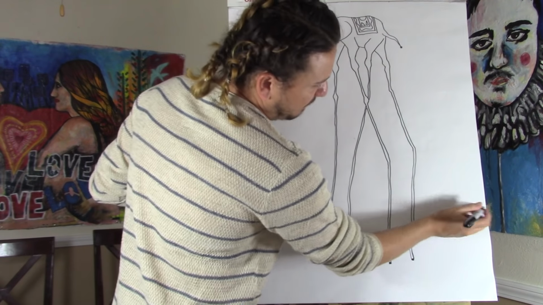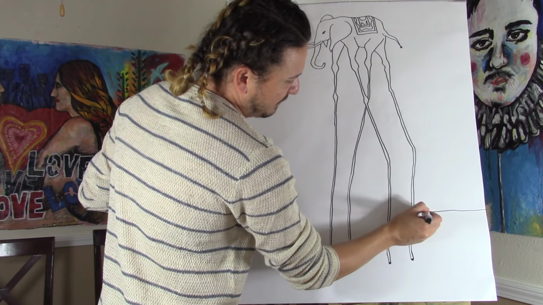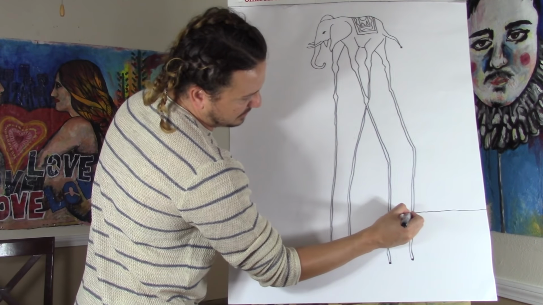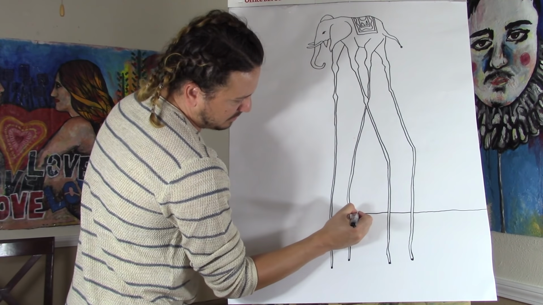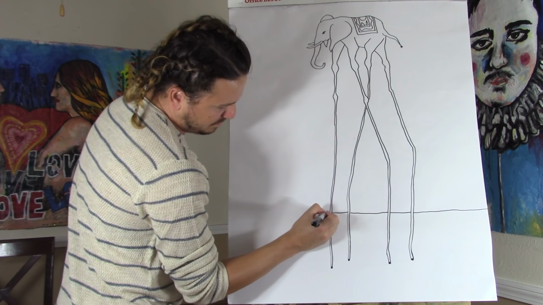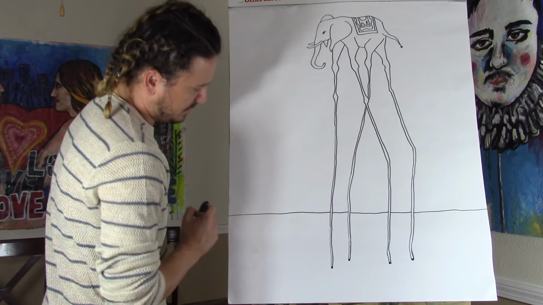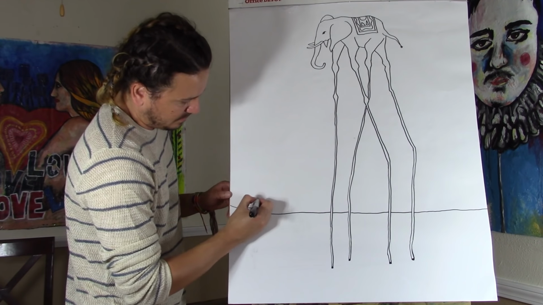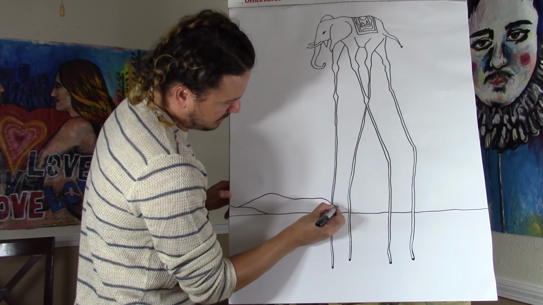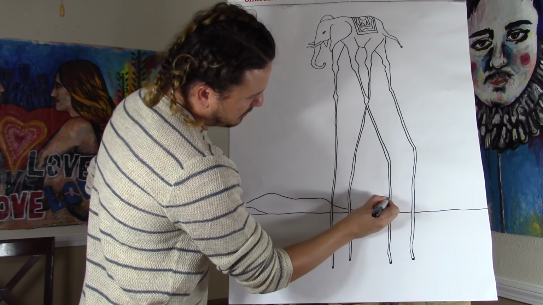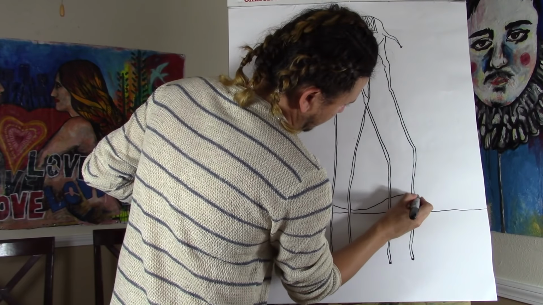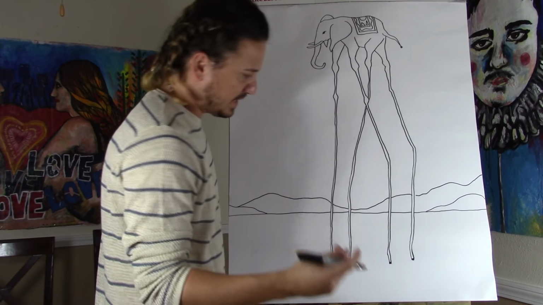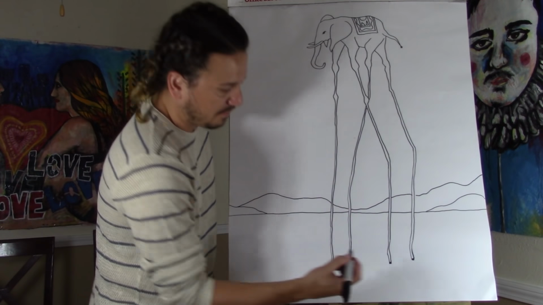And the places he created looked almost arid and lifeless. So when you make the horizon line, make sure you don't make a line through the legs. Stop and then continue. We're gonna add some mountains. We're gonna add the shadows that the legs create.